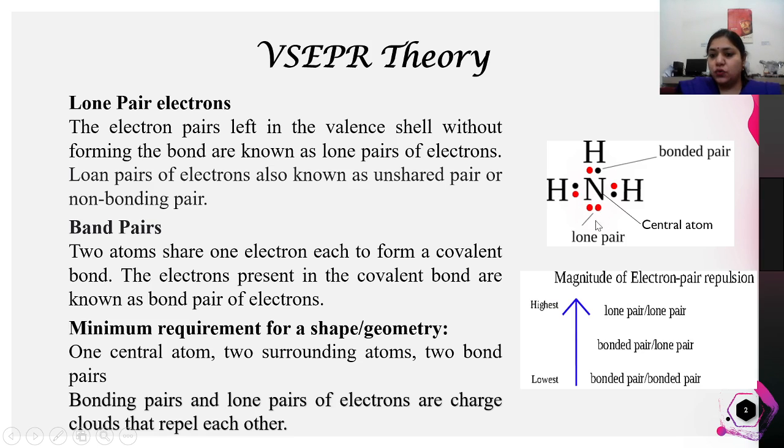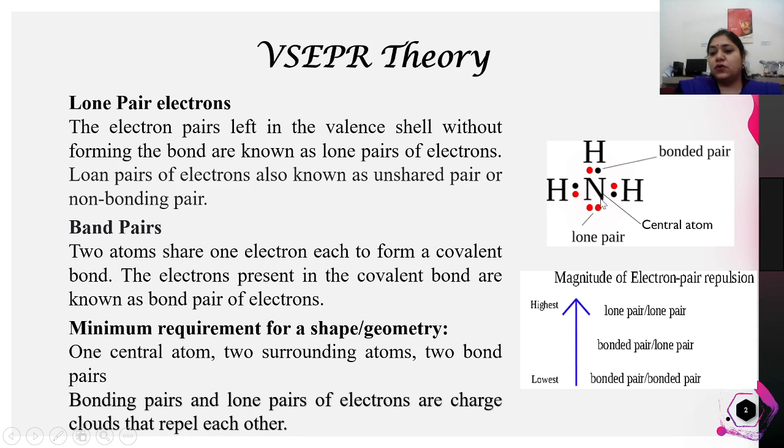Whereas these two red dots are a lone pair because these two are present in the valence shell of nitrogen, but these two electrons are not utilized in the formation of bonds, or these are unshared. So this pair is known as the lone pair. Here nitrogen is the central atom and hydrogen is the surrounding atom.